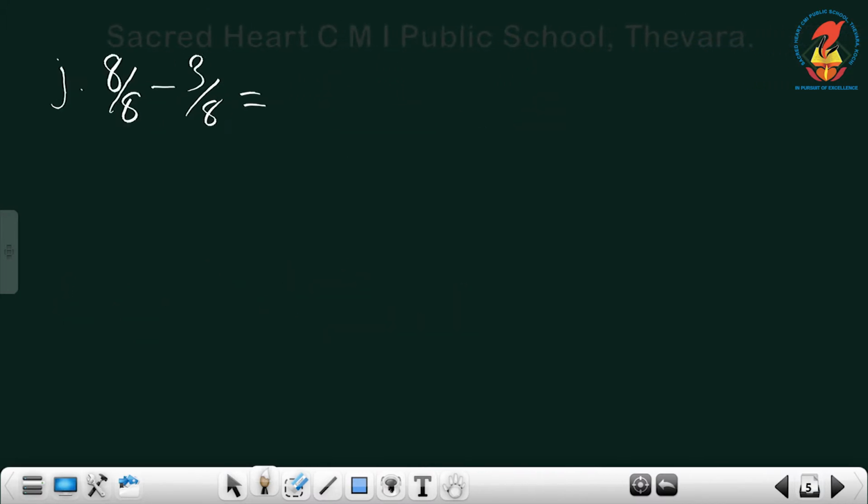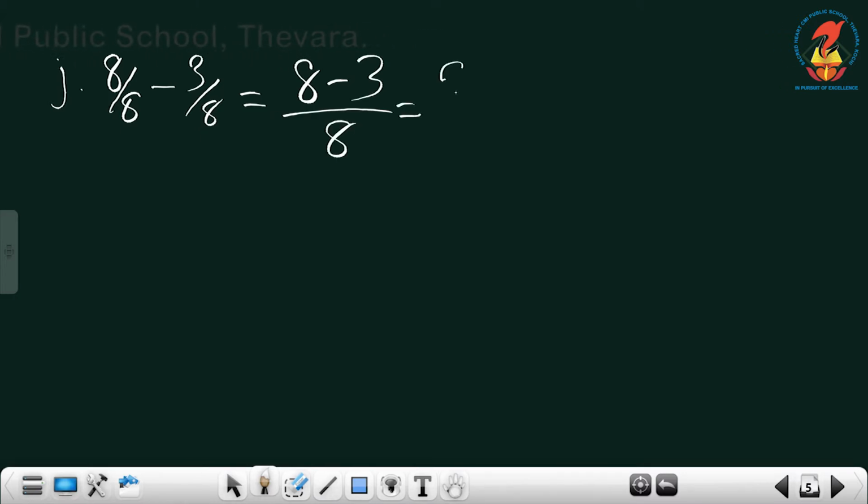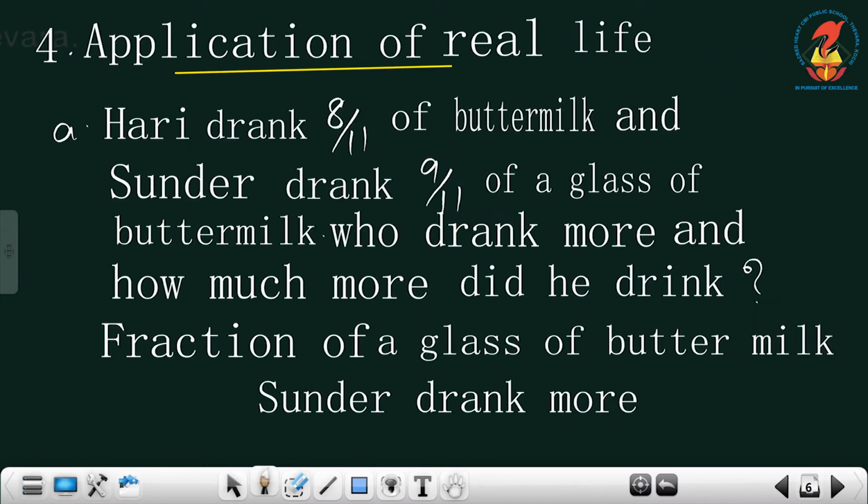And the next one is 8 by 8 minus 3 by 8. 8 minus 3 by 8, that is 5 by 8 only. Is it clear? Then I will give you some word problems.